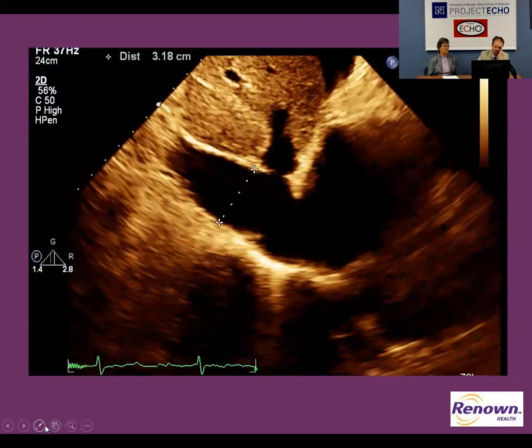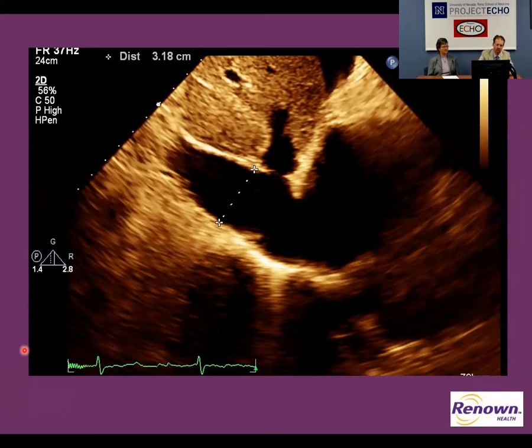And as you do, you can sort of scan superiorly and find where the inferior vena cava basically goes into the right atrium. And the size of that is used to estimate the right atrial pressure. Normal size is less than 2. Some people will put the upper limit of normal of IVC size up to 2.2 centimeters.